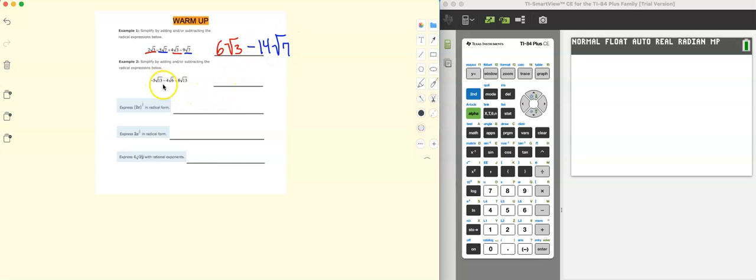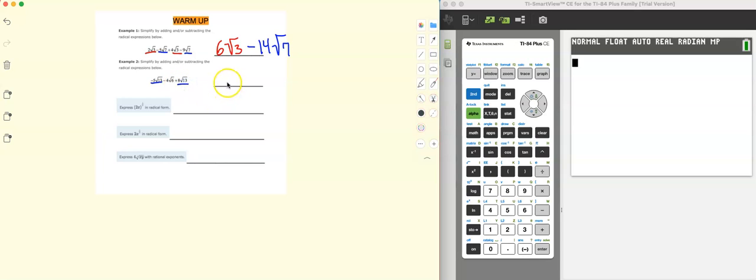Second one, it says simplify this expression. Looking at these radicals, I see that these expressions are simplified already, so I can combine -5 times the square root of 13 and +8 times the square root of 13.